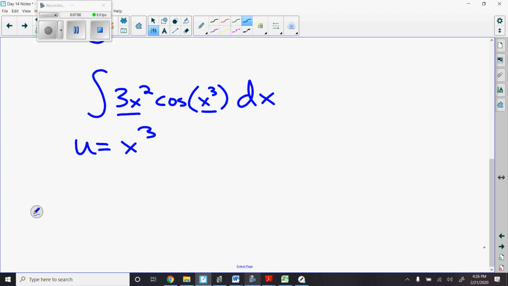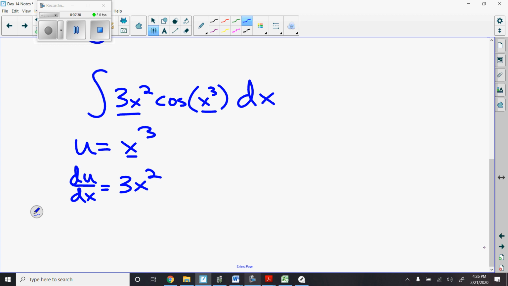As we do this more and more, you'll get better and better at choosing your u. Then I'm going to take the derivative of u with respect to x. So instead of saying dy dx, we're going to say du dx. Well, du dx would have to be the derivative of x cubed, and that's 3x squared.